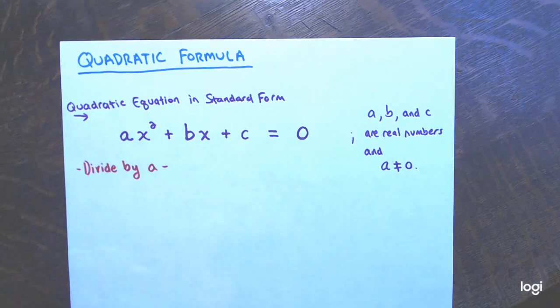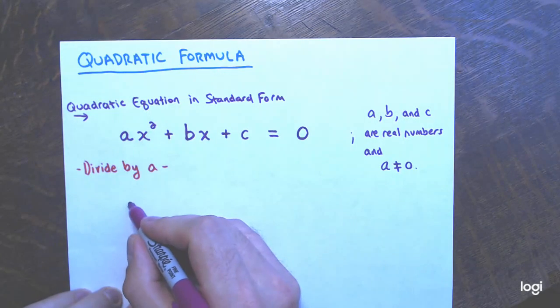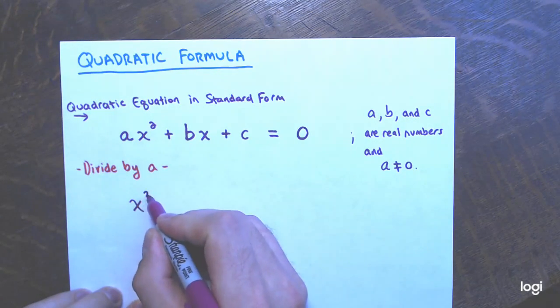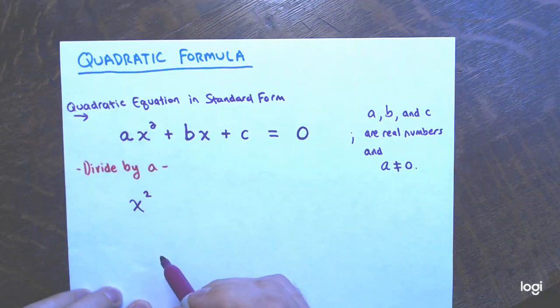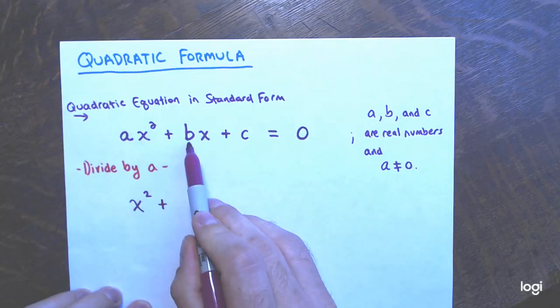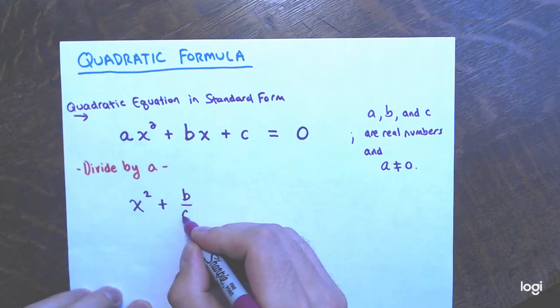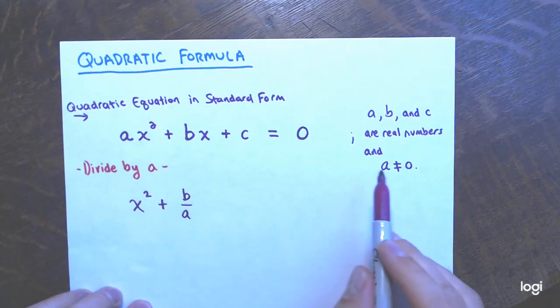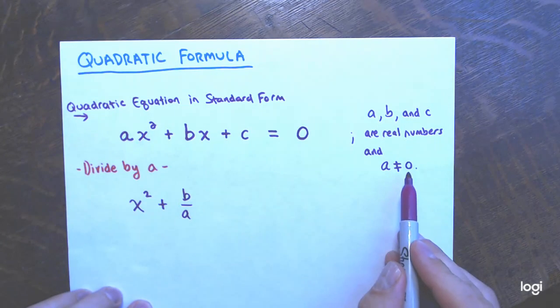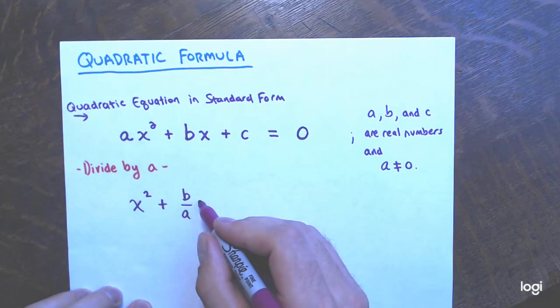This first term, the a's would cancel, leaving me with the 1x squared, like I want when I'm trying to complete the square, plus this next term, I'd have b divided by a times x. I can divide by a here because a is not 0, just pointing that out.